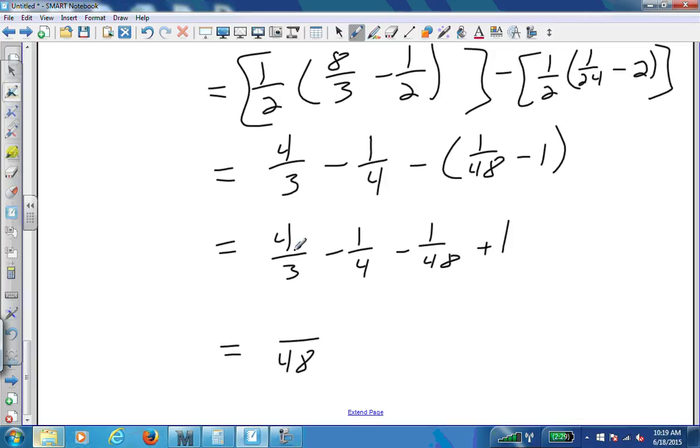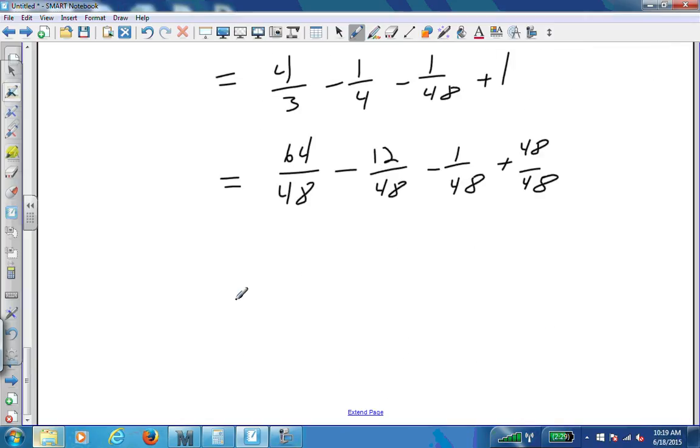So times 16, so 64. This is times 12, so minus 12. This is 48 over 48. So 48 on bottom.